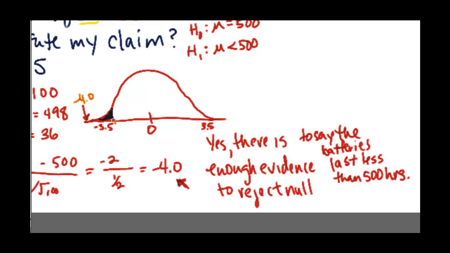You could have also converted this z-score into a p-value by looking up the z-score on the top and the bottom of your z-score chart, finding the p-value inside, and then comparing that to 0.05. And if that was less than 0.05, which it will be, because again the chart only goes to negative 3.5, then you reject either way, whether you compared p-values or z-scores. If I were you, I would just use both methods and see which one you like best and stick with that method. Alright?